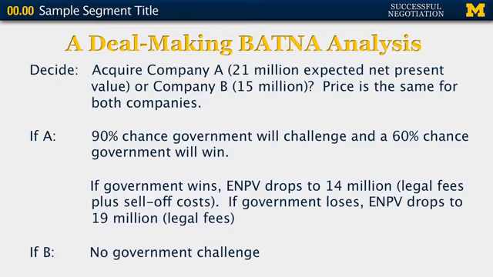What does your intuition tell you about this decision? Would you negotiate to acquire Company A or negotiate to acquire Company B? Please write down A or B. When I ask this question in class, a large majority of the class usually picks Company B.